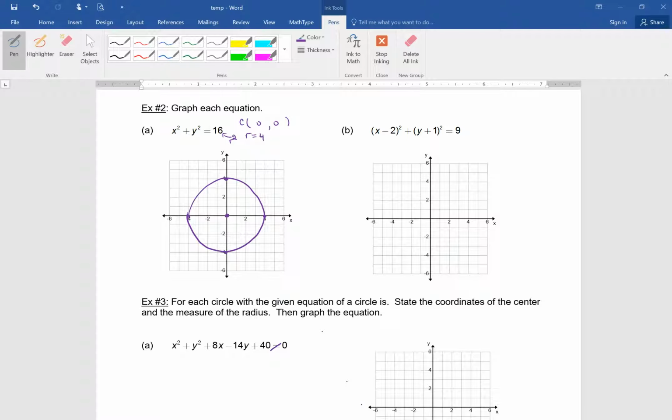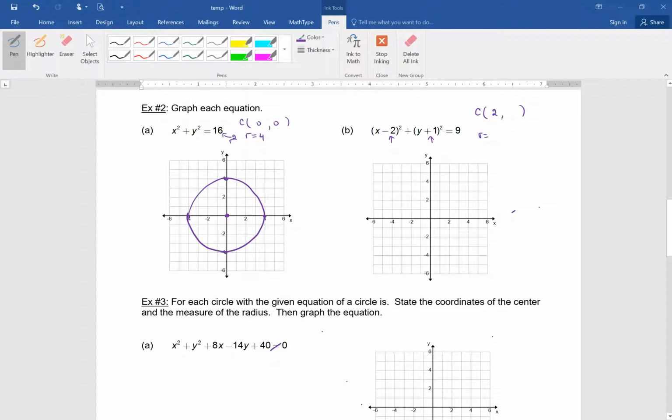All right. In the next one, let me say something here. You need to write the center and the radius. For the center, remember it's h and k. So you're going to look at this number and this number. If it's x minus 2, then you take 2 from here because it was x minus that number.